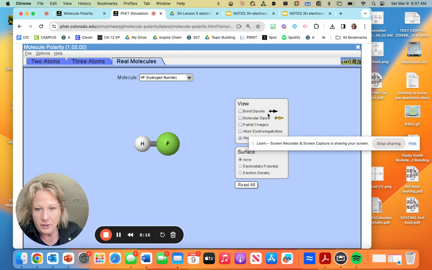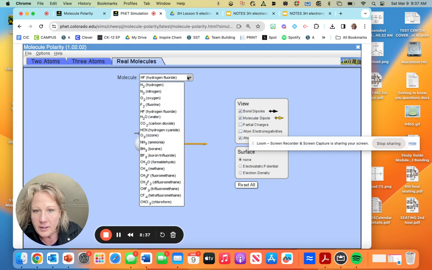So here's that hydrogen fluoride that we had in our note example. The gold arrow is showing that this molecule is polar. If you have a gold arrow, that means it's pointing towards the end of the whole molecule that is partially negative. Let me show you a couple other examples.